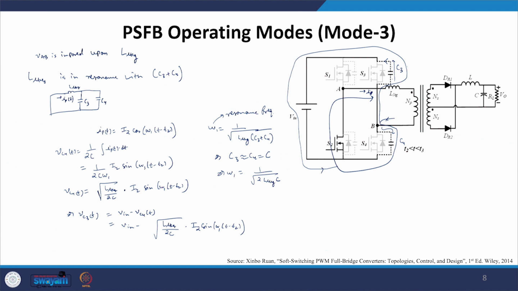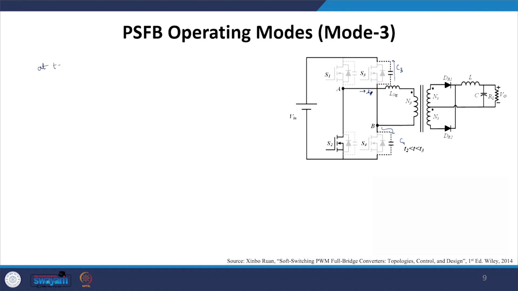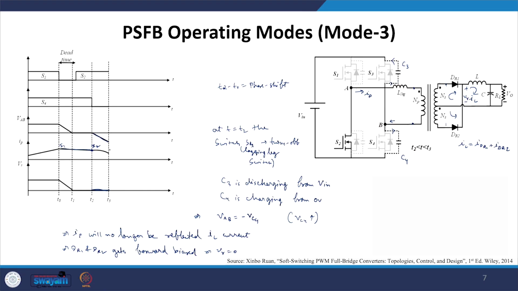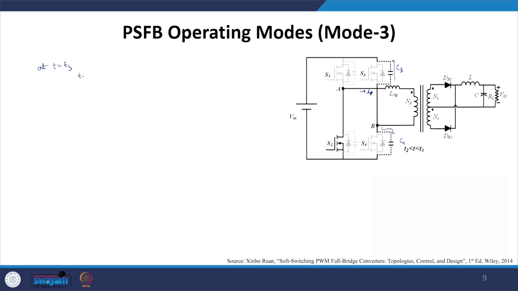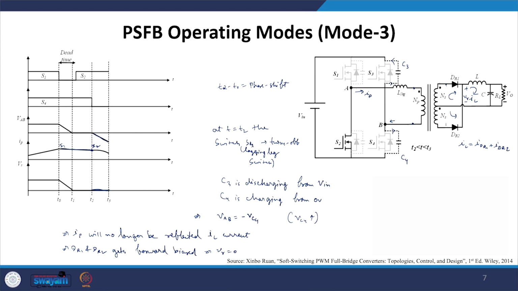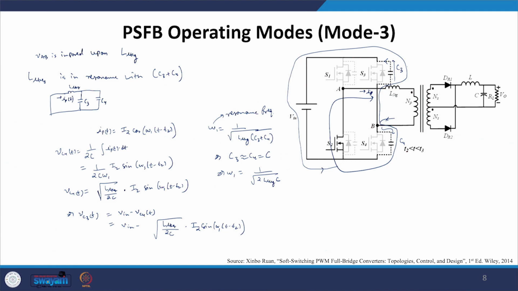Now at t equal to T3, that means when we reach this point, we can say the interval T2 to 3 is T3 minus T2. At t equal to T3, if we want to ensure that the capacitor voltage of C3 goes completely to 0, then the voltage Vc4 has to go to Vin, and only then can I ensure Vc3 is completely discharged through this current IP.